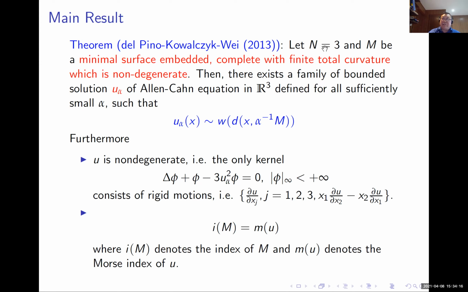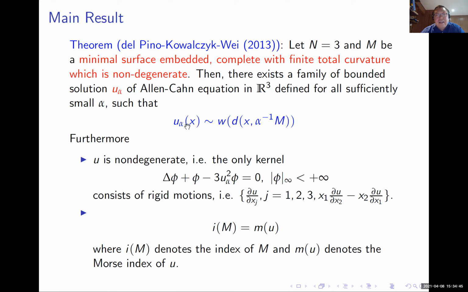So let's take dimension 3. Let M be an embedded, complete minimal surface with finite total curvature and non-degenerate. Then we can find a family of bounded solutions to the Allen-Cahn equation. Let me stress: there's a family of solutions, not just one solution we found. We found a family of solutions which depends upon some small parameter alpha.